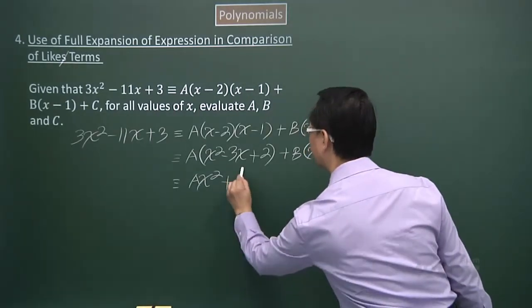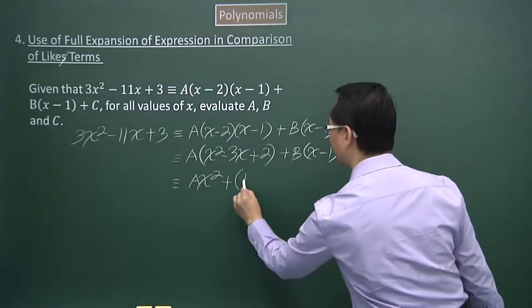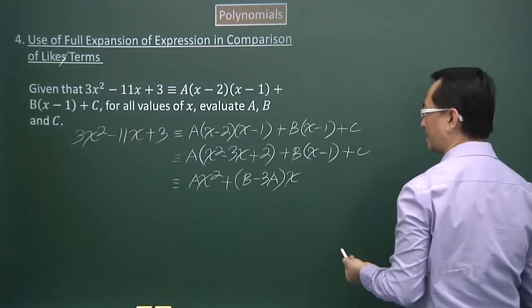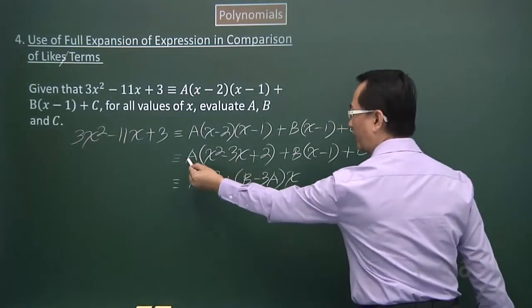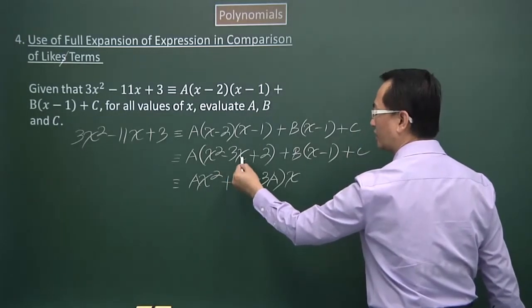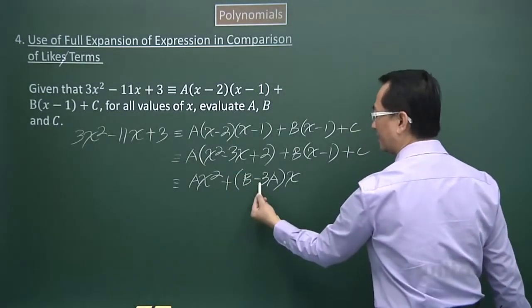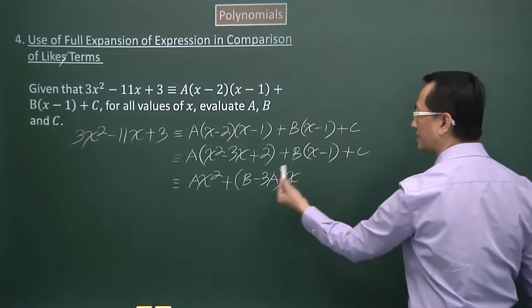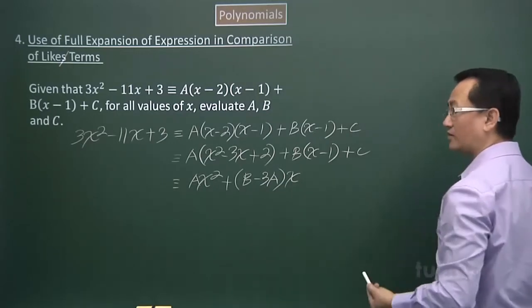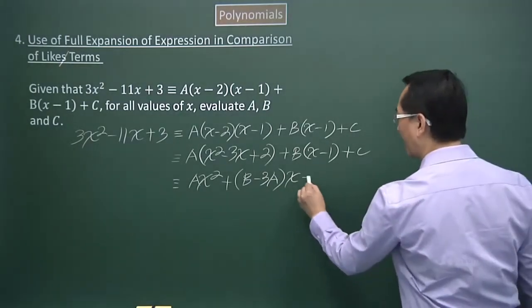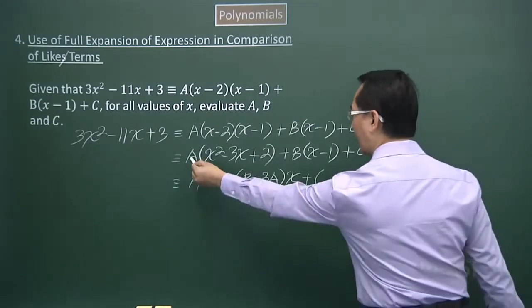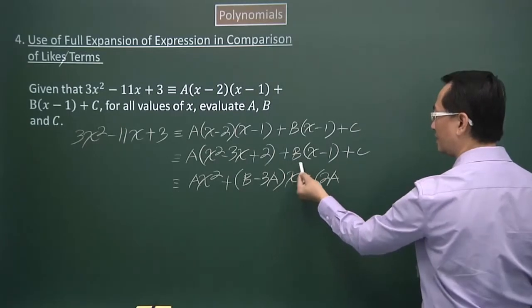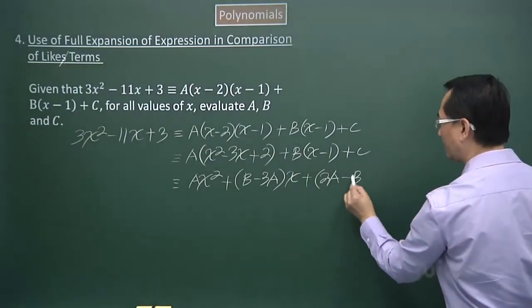Then the x terms, the b minus 3a bracket times x. So here I have a times -3x, which is -3ax. Here I have b times x, so bx. So the x terms are all covered. Next, the constant term, a times 2, so I get 2a. The constant term here, b times -1, -b.